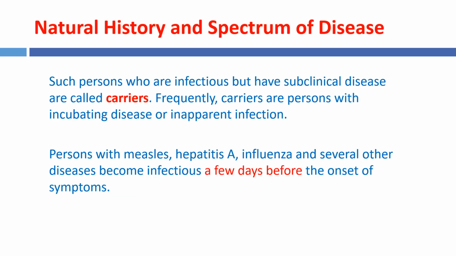Such persons who are infectious but have subclinical disease are called carriers. Frequently, carriers are persons with incubating disease or inapparent infection. Persons with measles or hepatitis A, influenza, and several other diseases become infectious a few days before even the onset of symptoms.